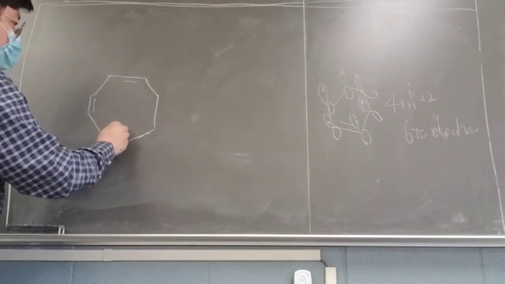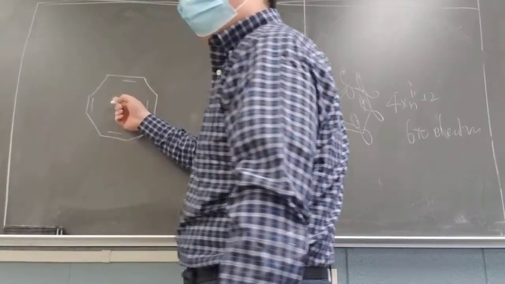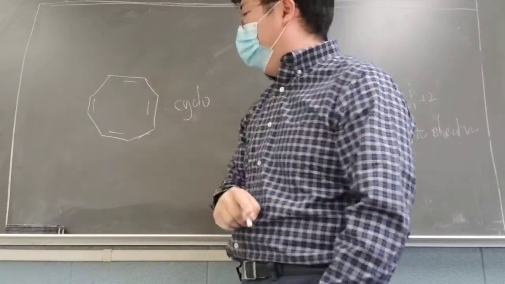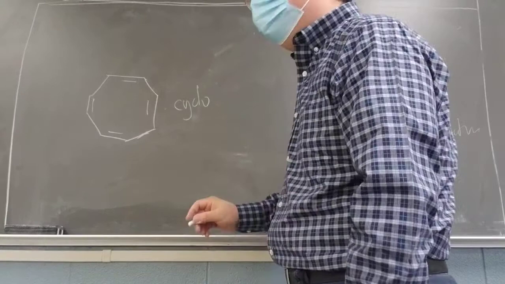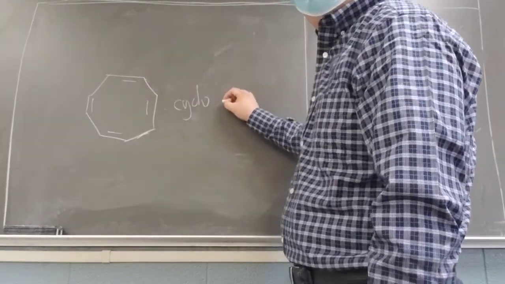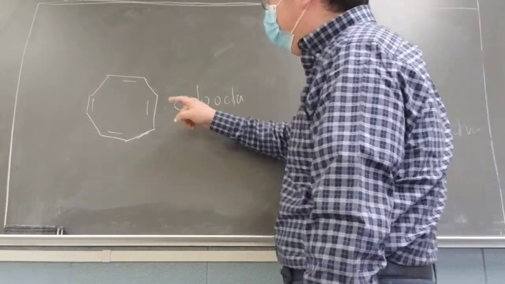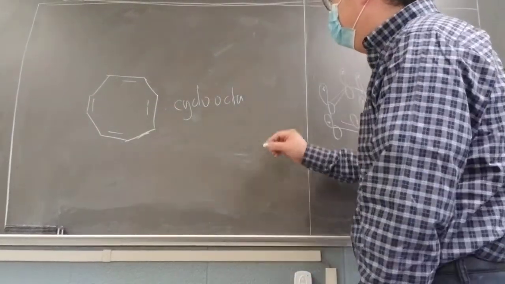Okay. So can you guys actually name this one for me? This is a cyclic compound, so it's a cyclo, right? How many carbons are in here? It's 8, right? Perfect. Octa. And then you have 4 double bonds, so it'll be tetra.